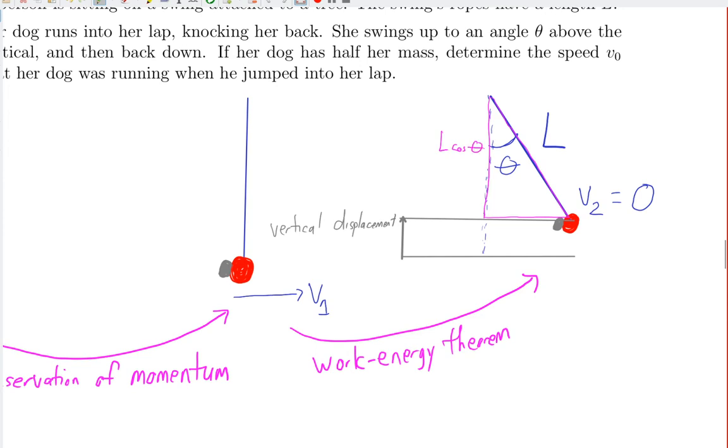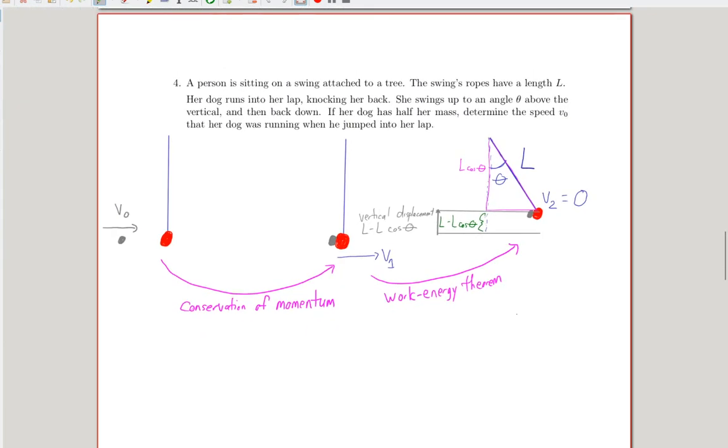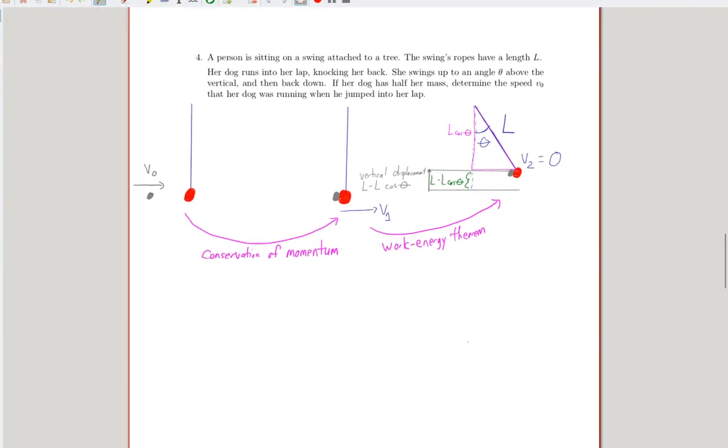But since the total length is L, that means that this little piece down here is L minus L cosine theta. So the vertical displacement then is L minus L cosine theta. That will be important when I calculate the work done by gravity.